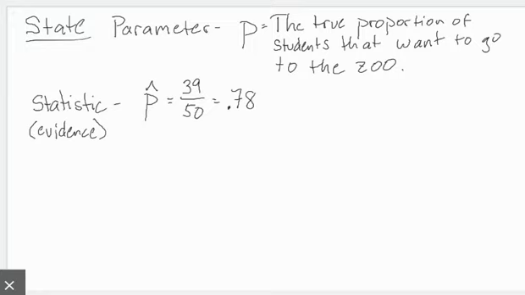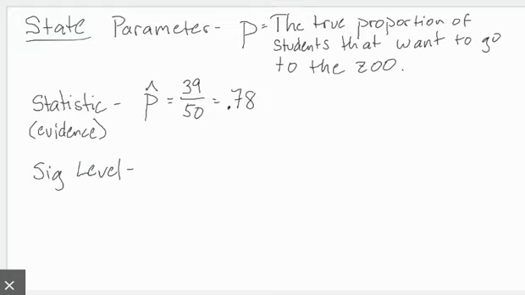So we've defined our parameter, we've written down our statistic, and now we need to state the level of significance. Okay, I think in your notes it says significance level. And the level of significance is given to us, but there is a symbol that goes along with it.